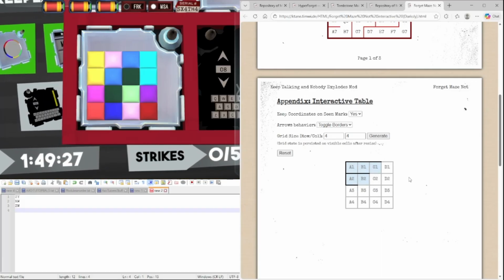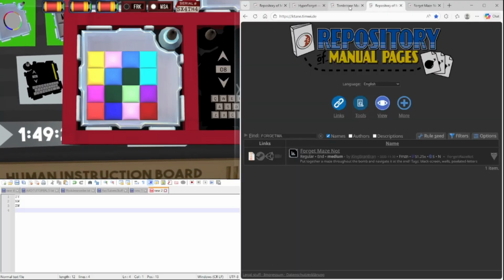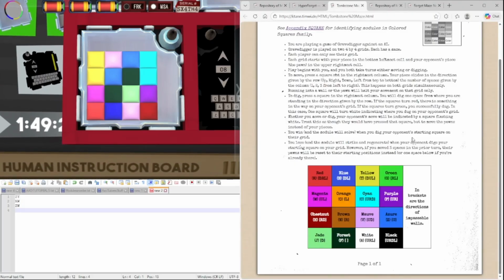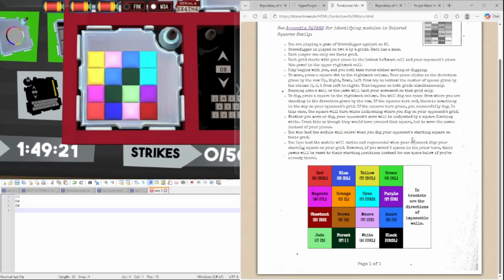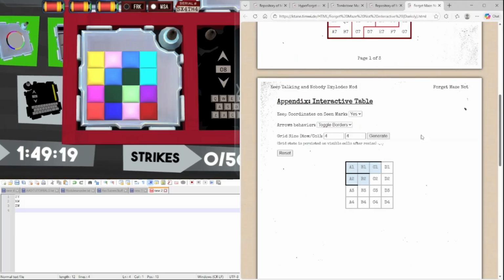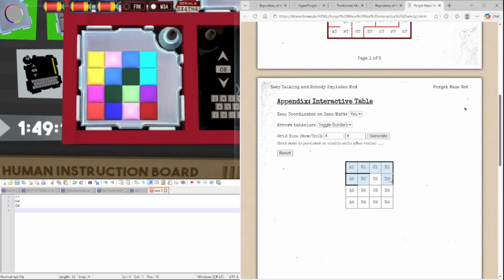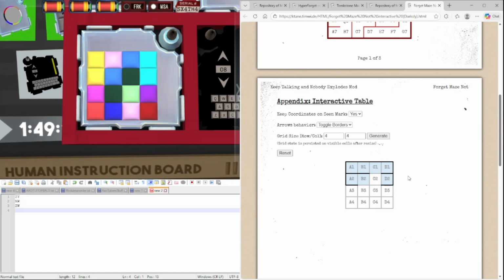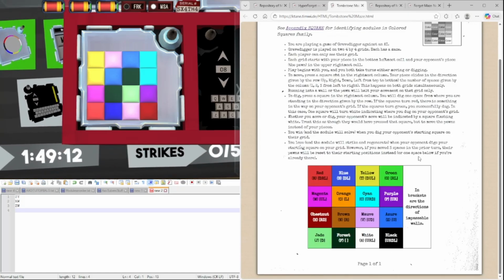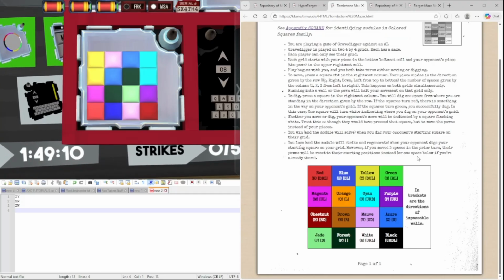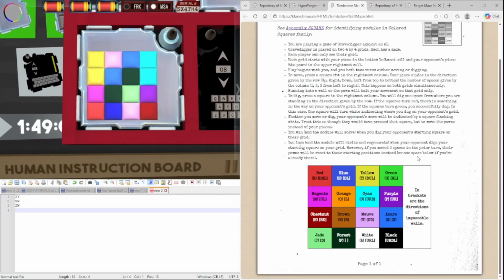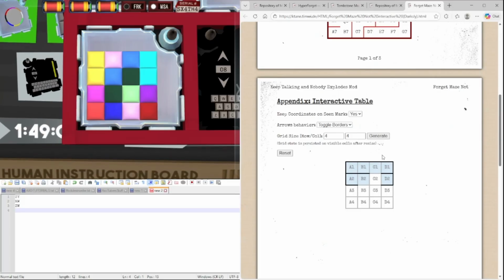That one's just up. 2 cyans, which are up, right, down. We have 2 forests, which is nothing.